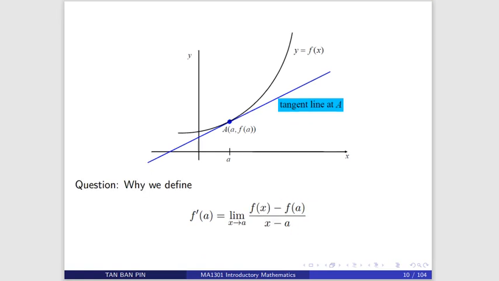So the question is, why do we define f prime A to be this limit of this fraction?